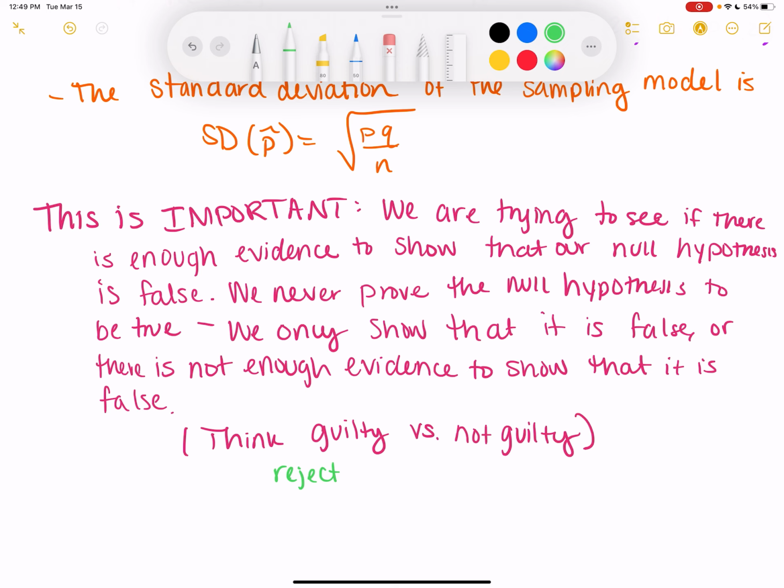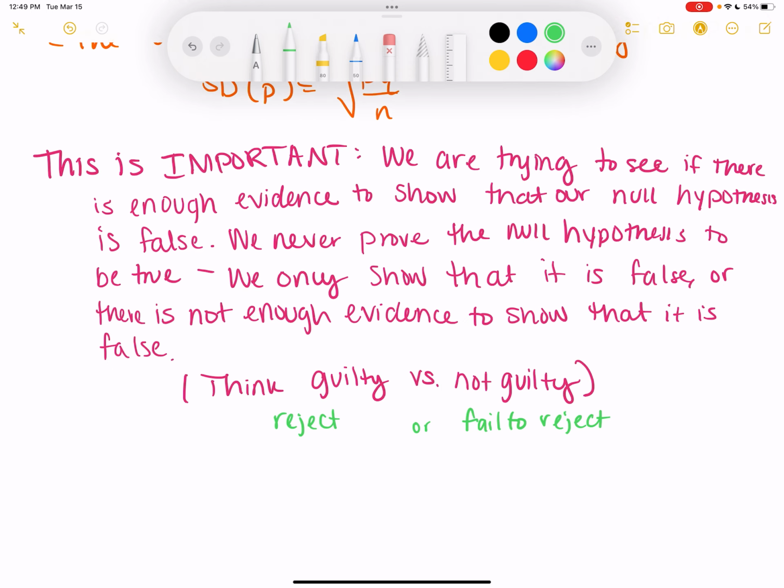Not guilty would be that we fail to reject the null hypothesis. If we reject, then there is enough evidence. Or if we fail to reject, there is not enough evidence.